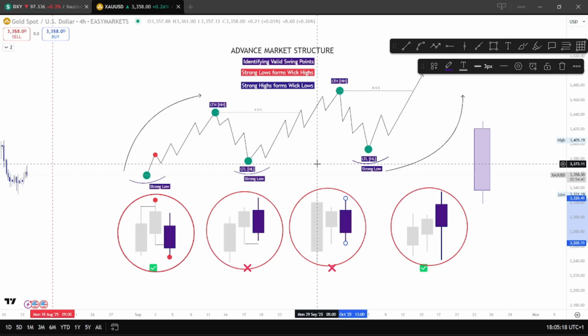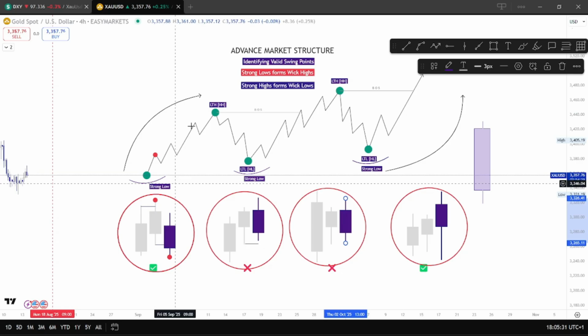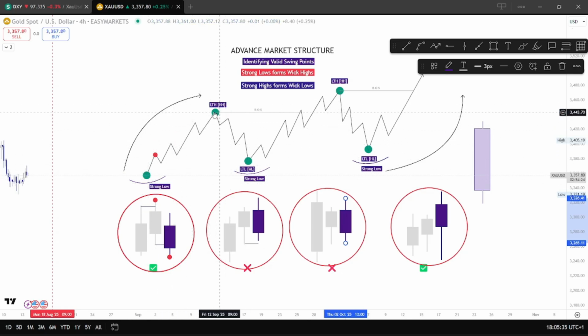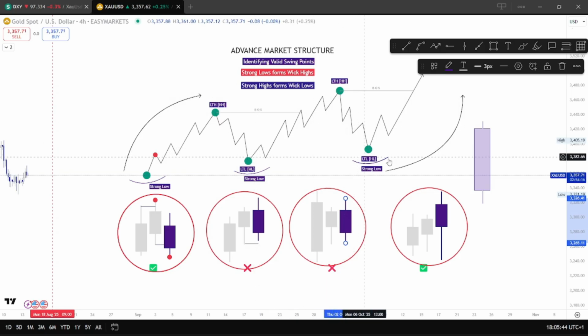Before the market will ride to the upside, it must take the internal, or downward, liquidity to enable it to run to the external, or upside, liquidity. In the case of an uptrend, the market takes away the recent high, takes the liquidity that is resting above this high, and then retraces back to find liquidity resting around this low here before pushing to the upside.